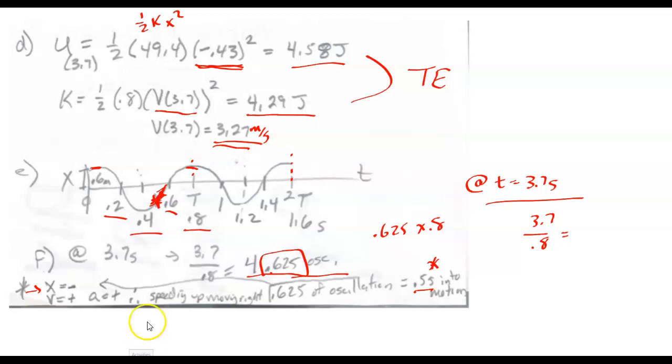If you think about it, it's speeding up because it goes its maximum speed when it gets back to the equilibrium, or x equal to 0, which is the x-axis going across. So it's going from 3.27 up to the maximum speed there. So I said it's speeding up and moving right, which describes the motion. So that was number 1.